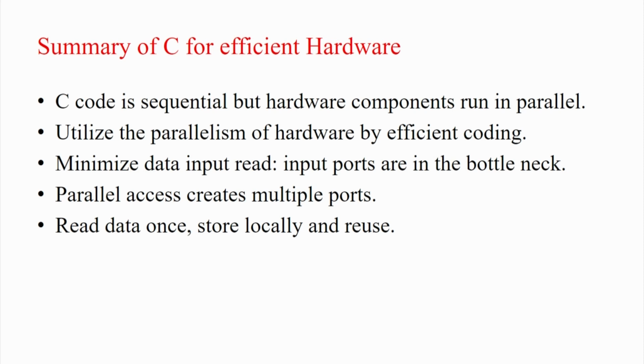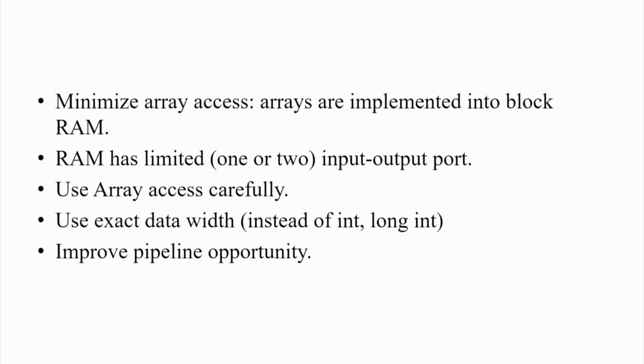The third point is that regarding arrays, you should always minimize array accesses, because that will create a problem or bottleneck for implementing the array into memory like RAM and ROM.